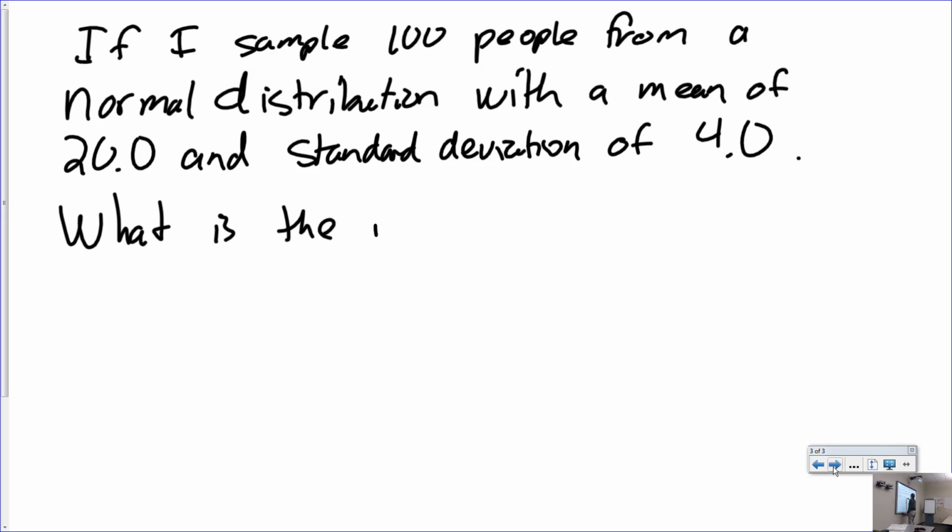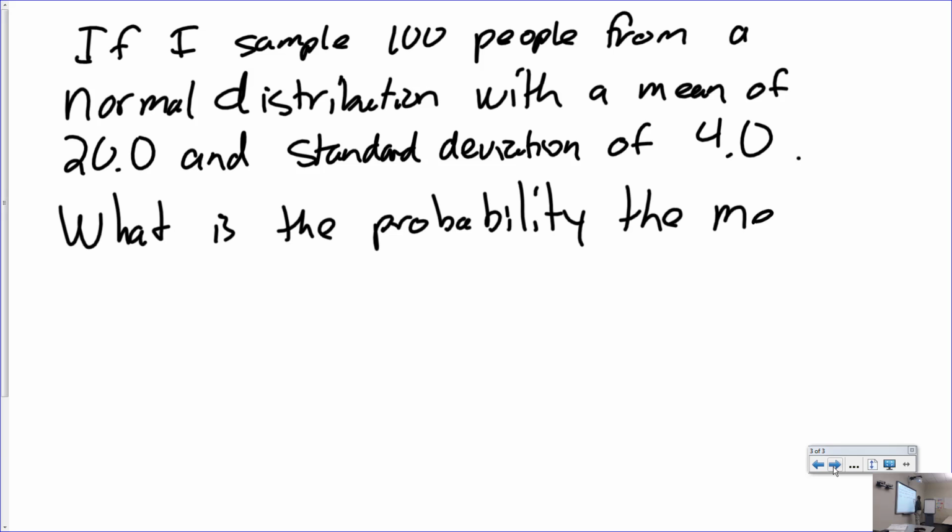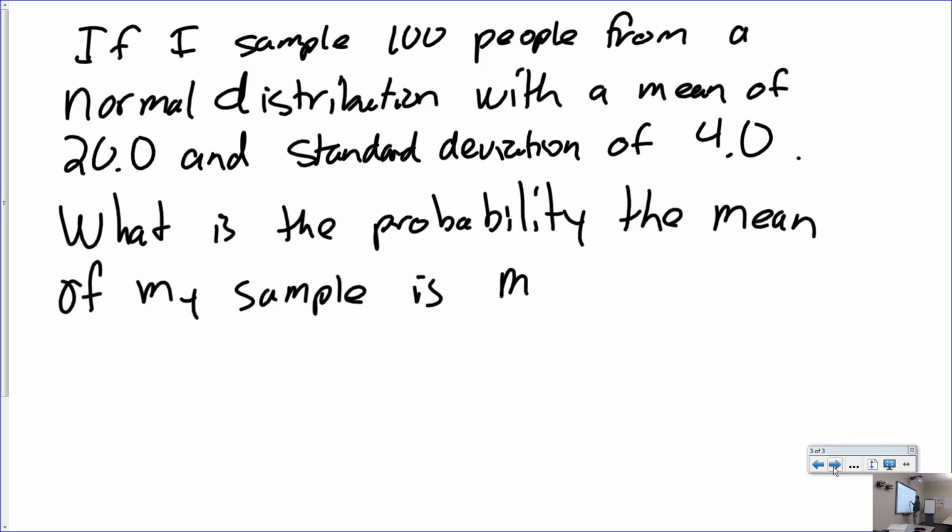What is the probability the mean of my sample is more than, say, let's get a really rare one, 21.